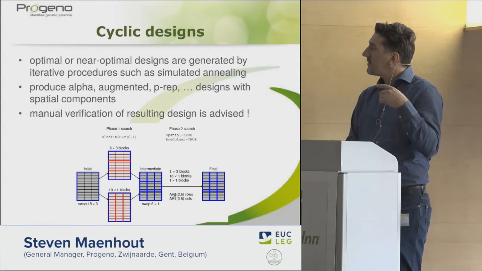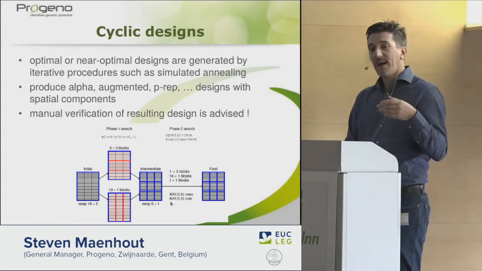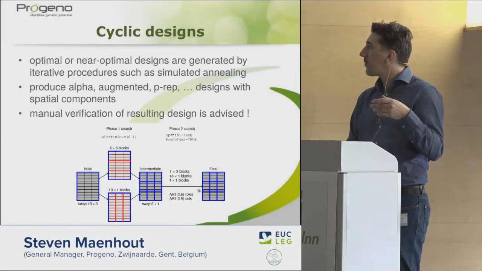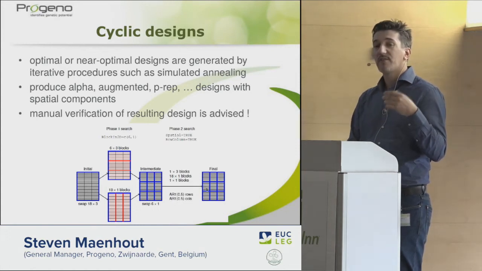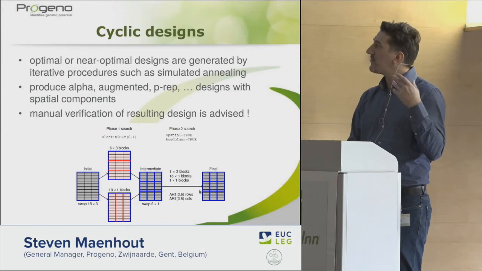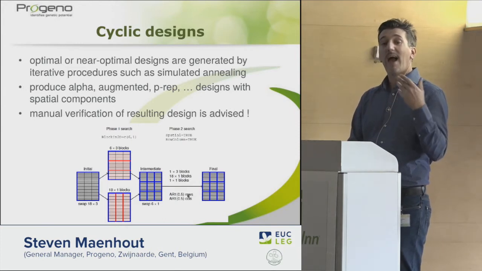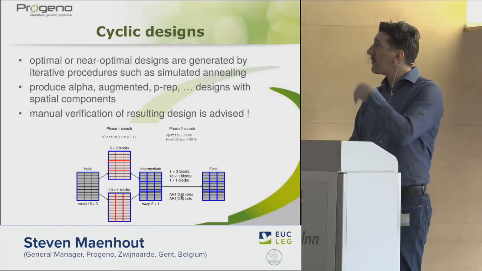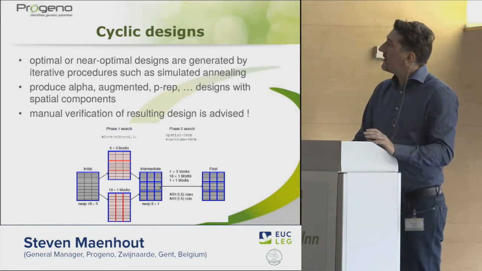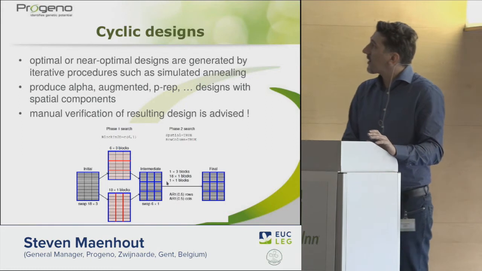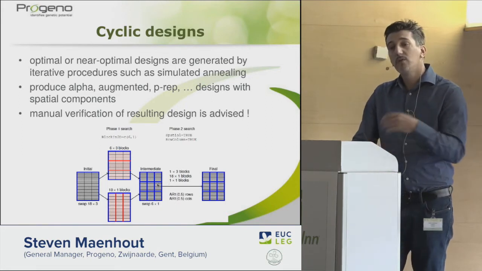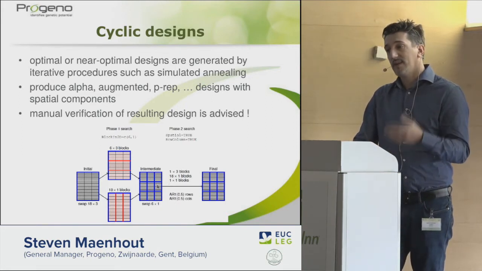You can add assumed spatial effects, like the plots that are near to one another will have a similar response, so you can make assumptions during the trial design about what you expect to be present in the actual field trial. So this is completely virtual, but these kinds of software packages are quite crucial when you want to use these more advanced designs.